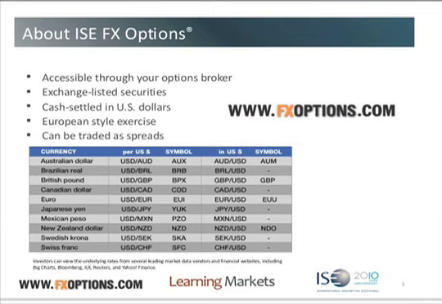You just need to type in those symbols. So AUX would be the U.S. dollar, Australian dollar. Conversely, the Australian dollar against the U.S. dollar would be AUM. And you can see all the symbols there. You can get all those symbols at www.fxoptions.com.